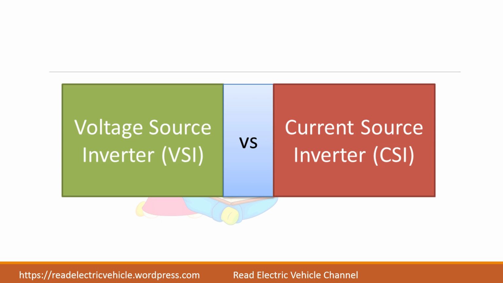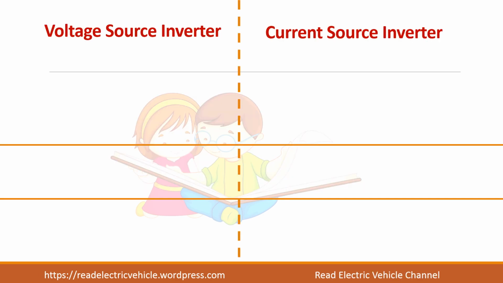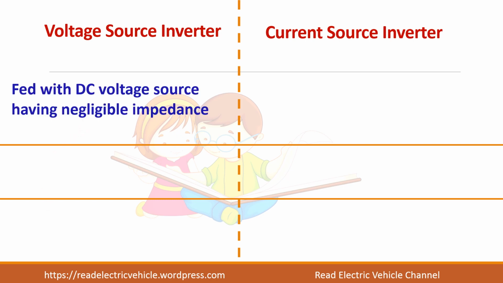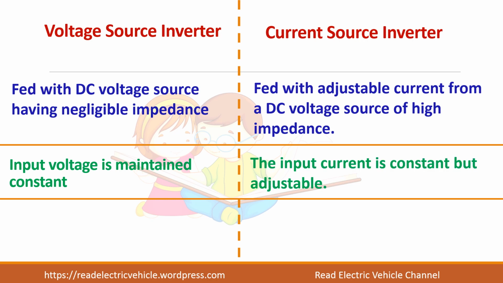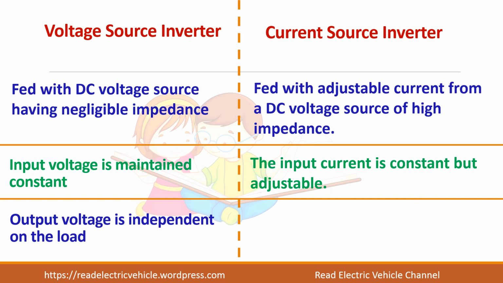So let us see the difference between voltage source inverter and current source inverter. In voltage source inverter, we have DC voltage as input. Here you have a current source as input. So here the input voltage is maintained constant and there the input current is maintained constant. Here the output voltage is independent of the load.